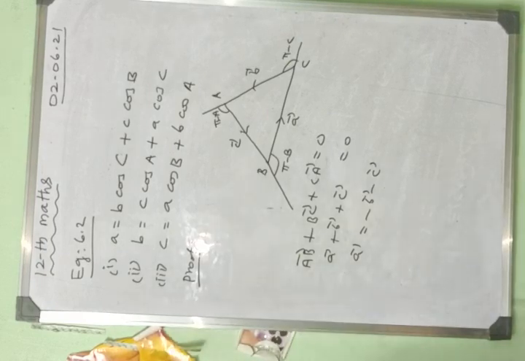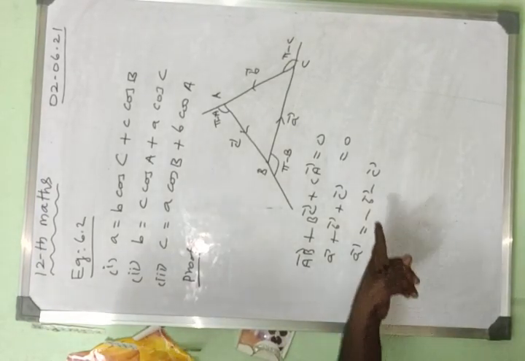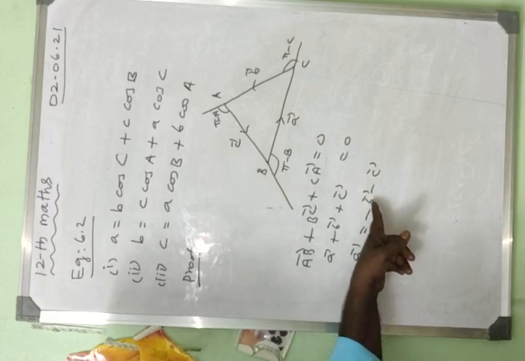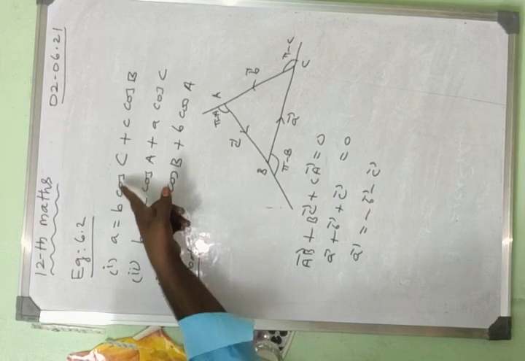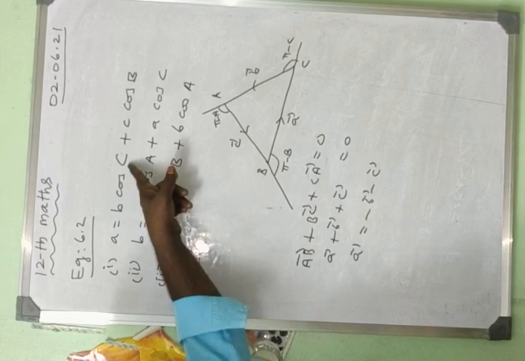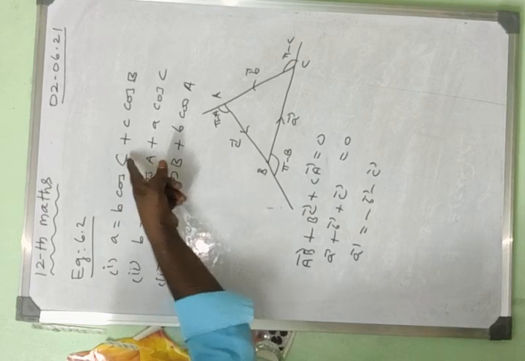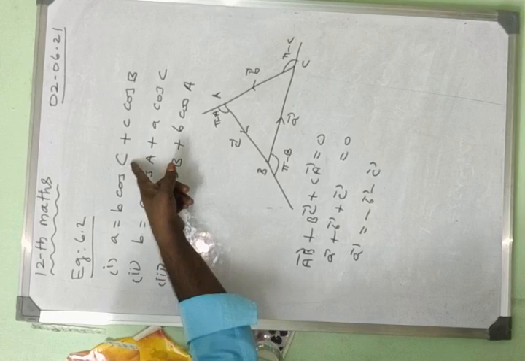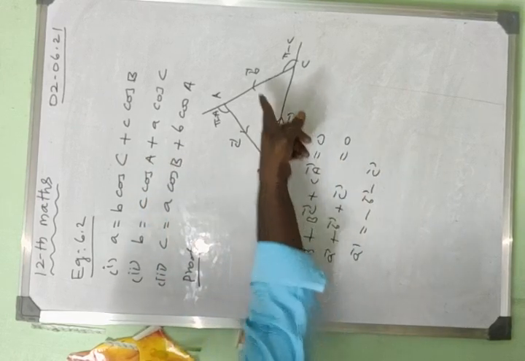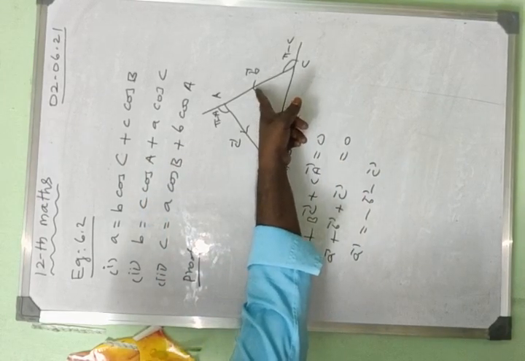What is the next step here? Here we have b only, and for c we get the angle C. This is the capital letter angle. Small letter is the side. So for angle C, the b side is this one. Then for the C angle, the c side is this one.